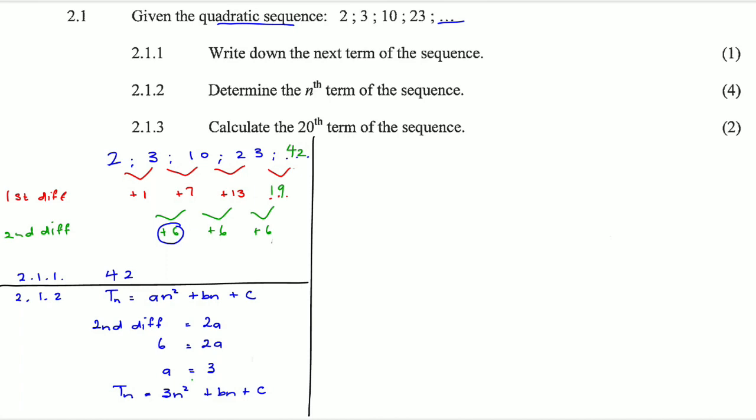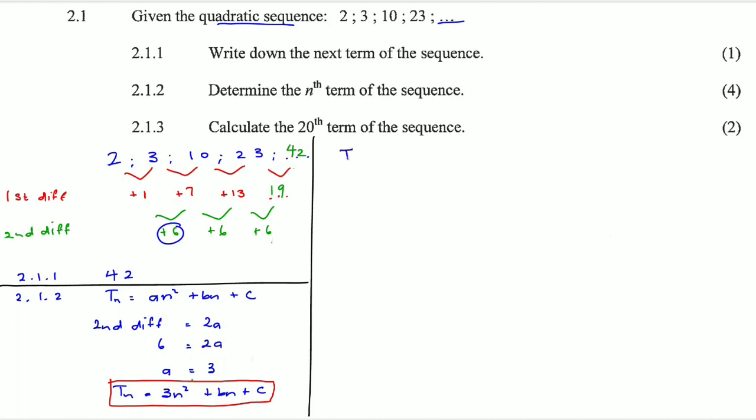And now we need to find the values of b and c. Now we'll write equations for term 1 and term 2, and then solve these equations simultaneously to find b and c. We'll use term n is equal to 3n squared plus bn plus c to write the equations.